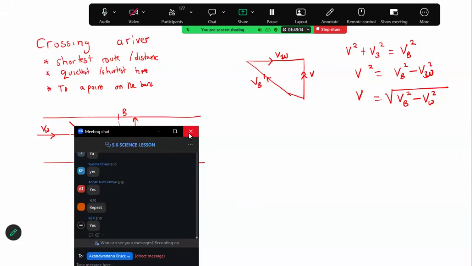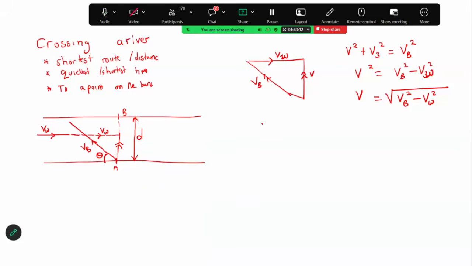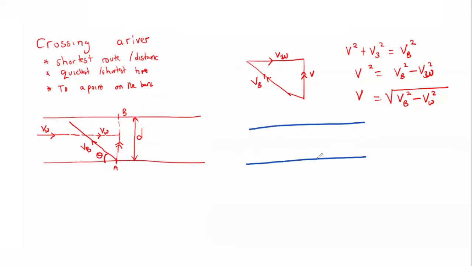Okay, some people here. I want to repeat that when you are crossing any river, let me say you want to cross from point A towards point B, and the water is flowing towards this side. This is the velocity of the water, and you want to cross using the shortest distance. What does it mean?